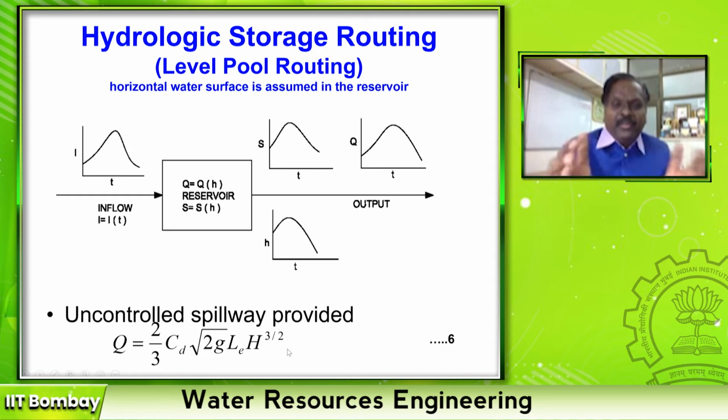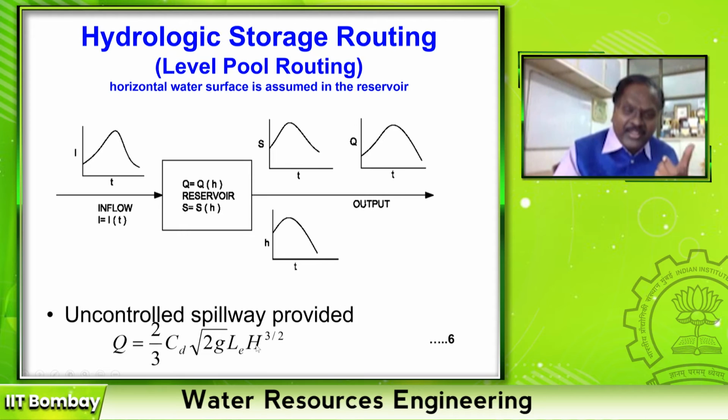But if I do a dimensional analysis, you know in hydraulics the dimensions are L for length, M for mass and T for time. Here, how many length dimensions are there in the trapezoidal notch?